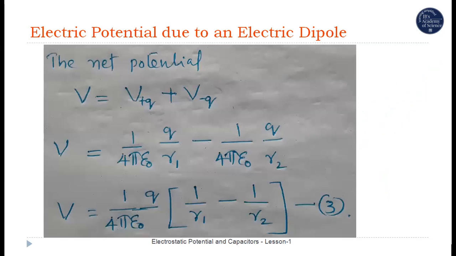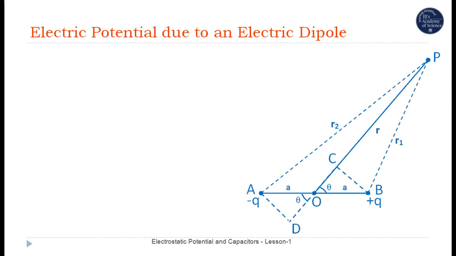Now, the net potential V is equal to V plus Q plus V minus Q. So V is equal to 1 by 4 pi epsilon 0 Q into 1 by R1 minus 1 by R2. Now our aim is to find out what is R1 and R2.